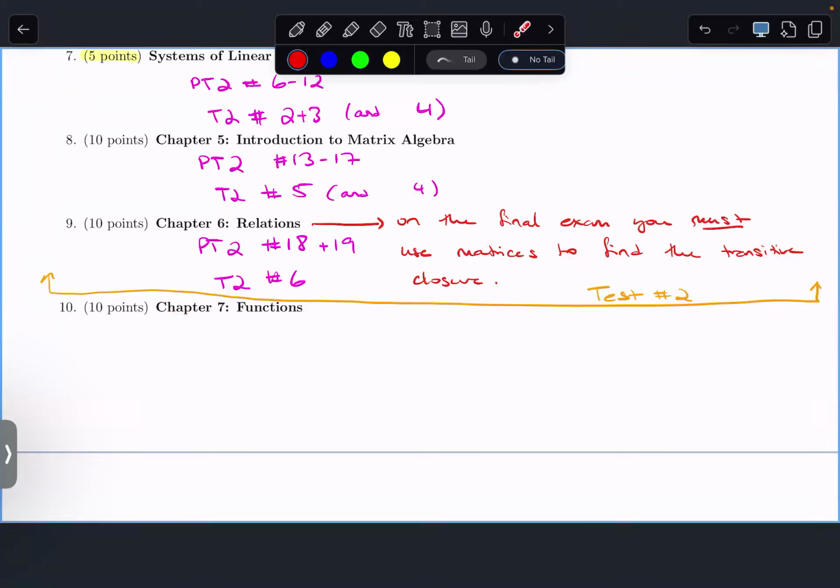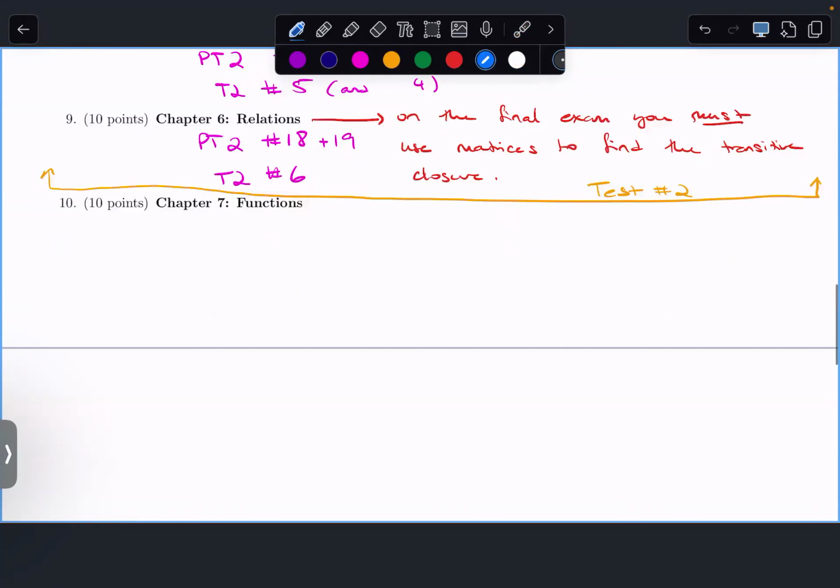And so this is not tested. Not tested, but it involves things like, what does it mean to be one-to-one? What does it mean to be an onto function? Well, let's take it one step back. What does it mean to be a function, right?